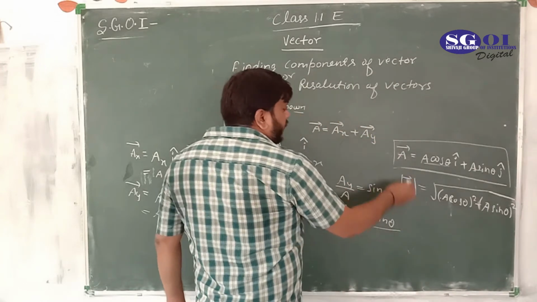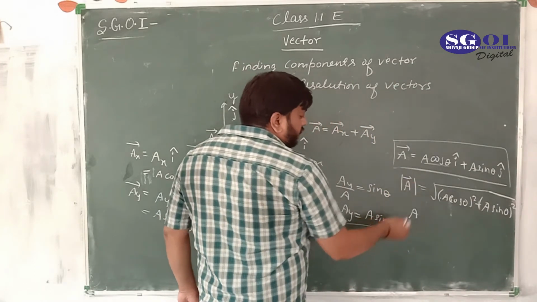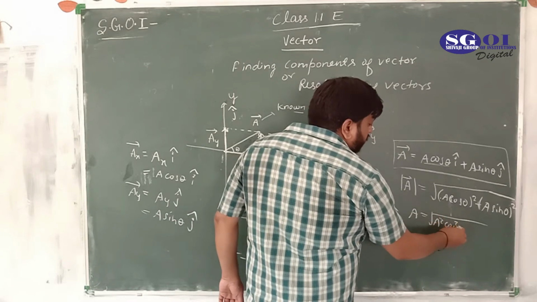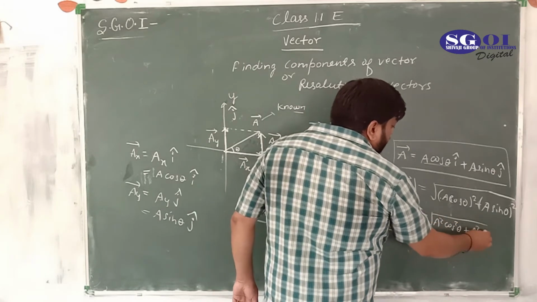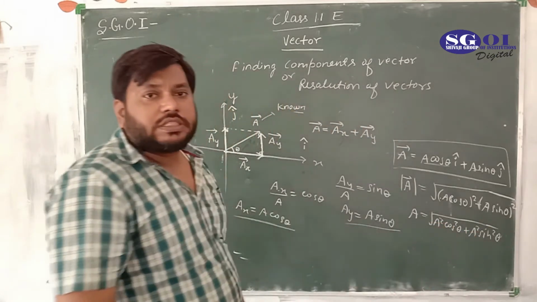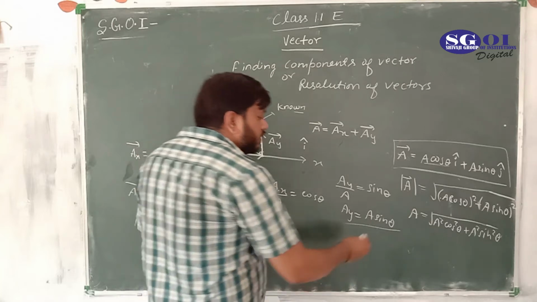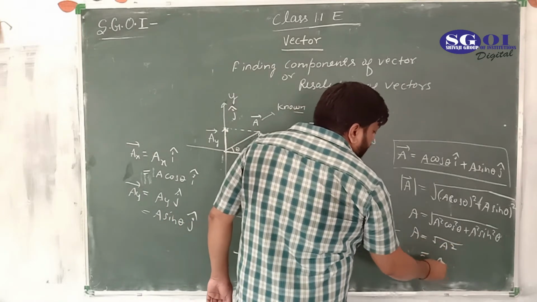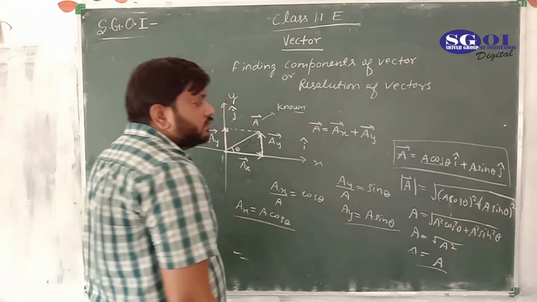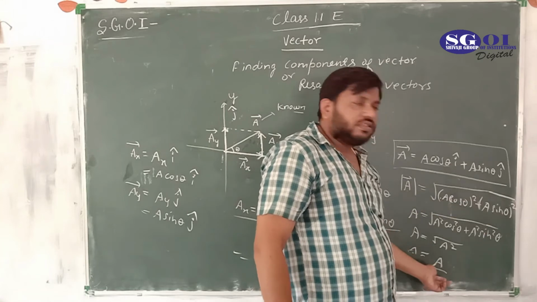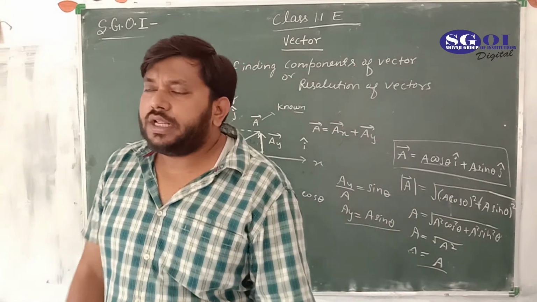So finally, mod of A is the square root of A square cos square theta plus A square sin square theta. Take A square common; sin square theta plus cos square theta is 1. So A is finally the square root of A square, which is A. So the magnitude of vector A is the same. So it is proved.